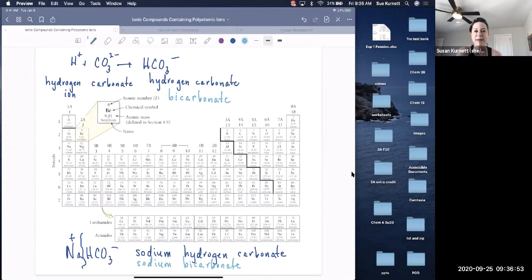That's not IUPAC, the International Union of Pure and Applied Chemists, systematic way of naming, but it is real, and you're going to run into it. So if you have a hydrogen-containing oxyanion, that's a mouthful. It can also be called a bi-something. So there's phosphate, and if you add one hydrogen ion, it's biphosphate or hydrogen phosphate, and those are synonymous.